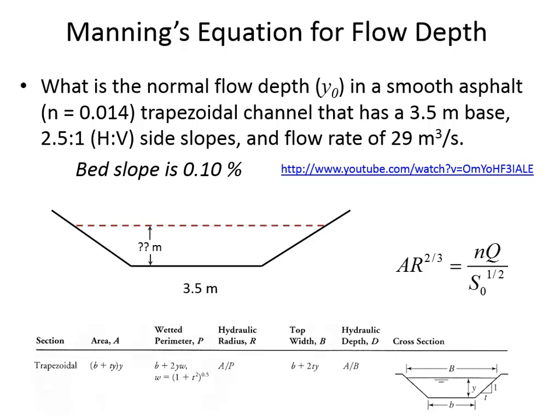The side slope T is 2.5. And what else have we been given? The bottom width, B, is 3.5 meters.